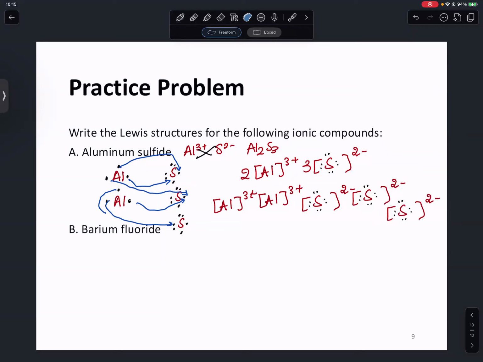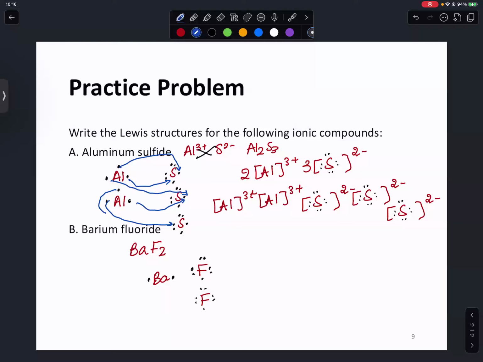Okay. All right. Now let's go over to barium fluoride, which is BaF2. Now barium is in group 2. It's a metal, so barium has 2 electrons, and then fluorine is in group 17, all right, and has 7 valence electrons. 1, 2, 3, 4, 5, 6, and then 7.